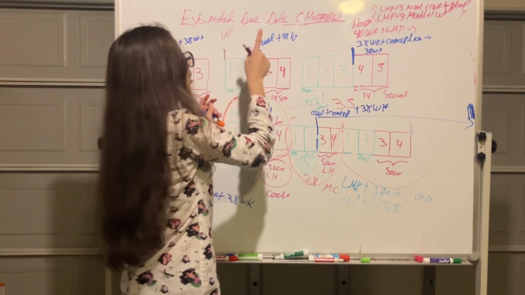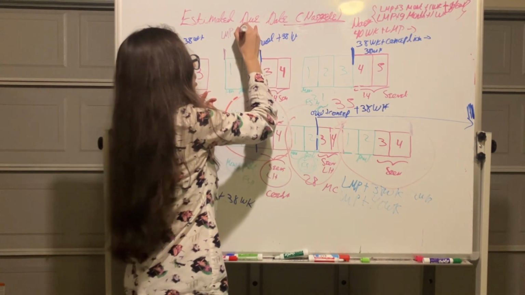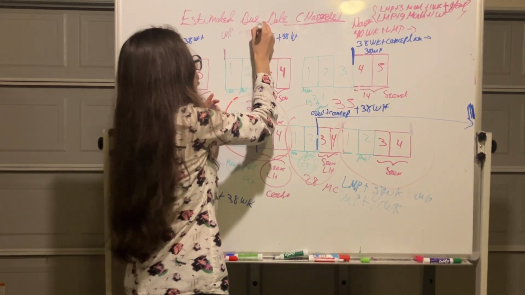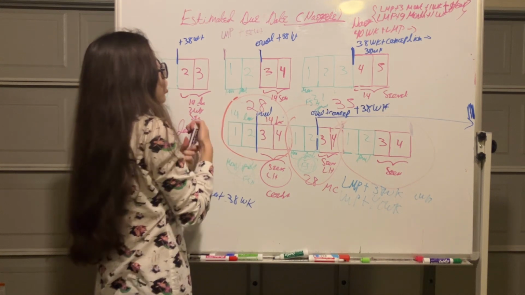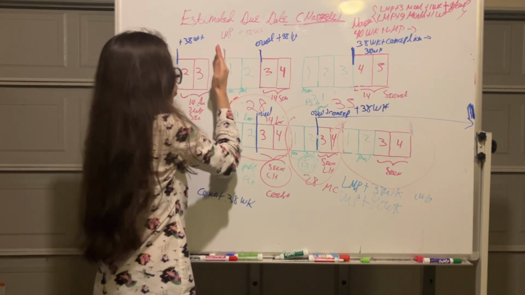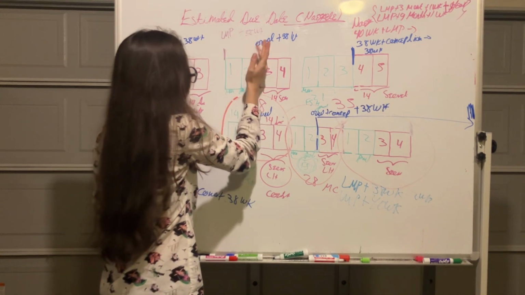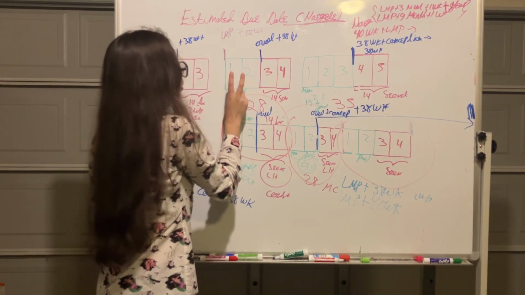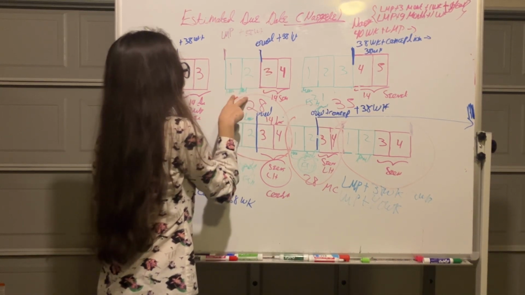So it would be the same amount, which is 38 weeks, plus the difference between the last menstrual period and the conception date, which is 2 weeks, week 1 and week 2, 14 days.